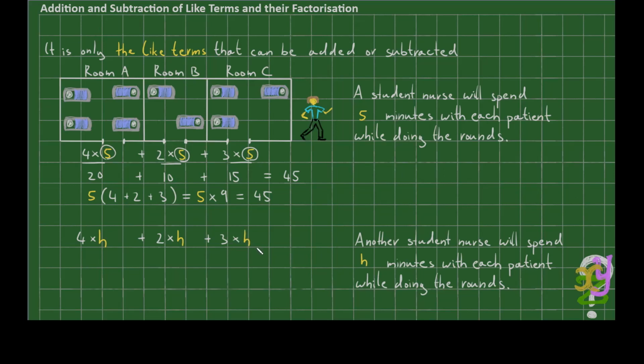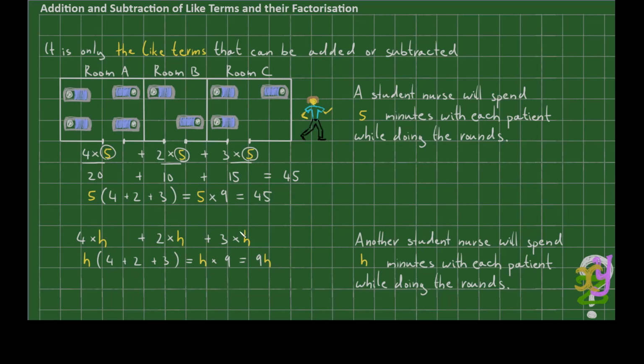The common factor is h, so I can take it outside of a bracket, and then inside the bracket I could put in the coefficients. 4 plus 2 plus 3, same as before. And that will give me h multiplied by 9, which we can express as 9h.